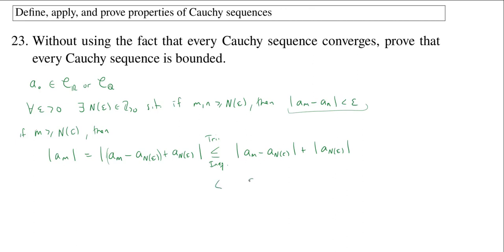So this is going to be less than epsilon plus the absolute value of a_n(epsilon). And so what this shows me is that when I go into a tail, namely the tail starting at a_n(epsilon), every term in the sequence is bounded by this epsilon that we've chosen and this absolute value of a_n(epsilon).